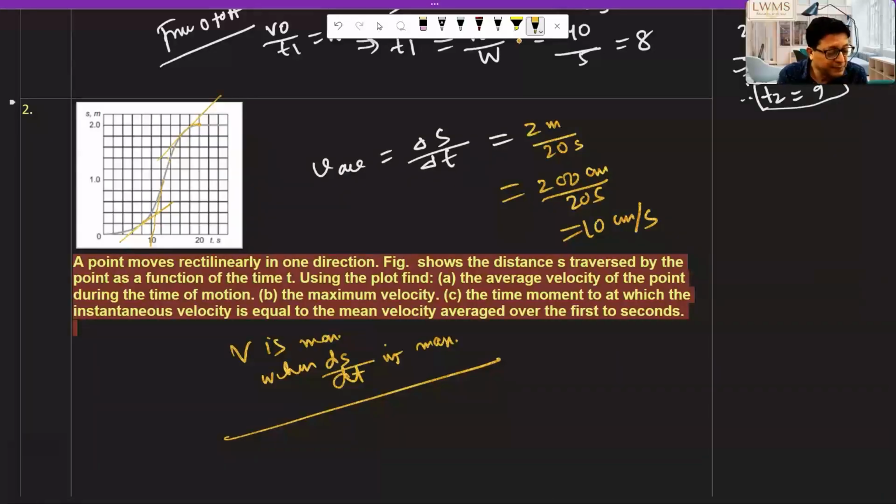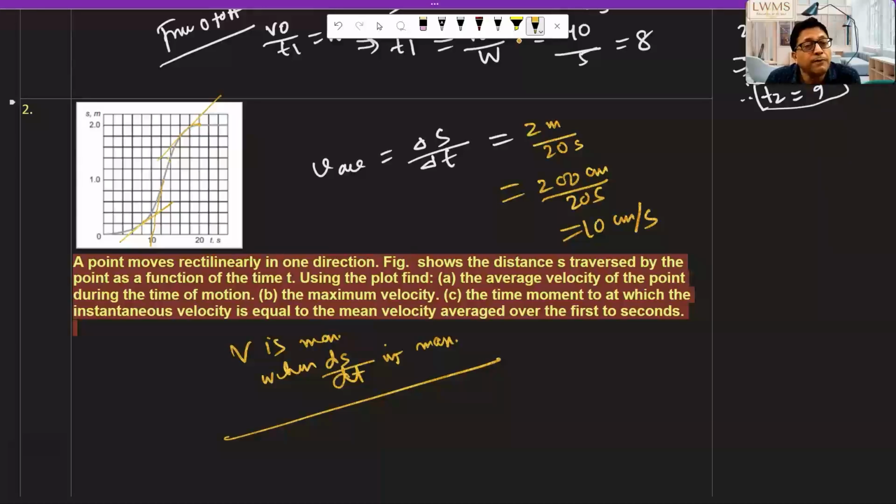Am I correct? Now, I have to say in which case the angle, ds by dt equal to tan theta, is maximum on the graph. You have to go on seeing at which point it is maximum. Check at which point it is maximum, giving you time.